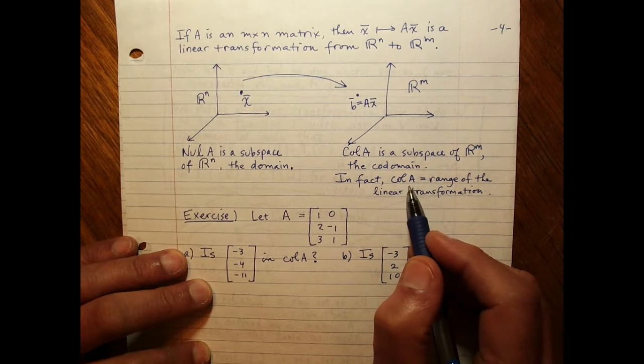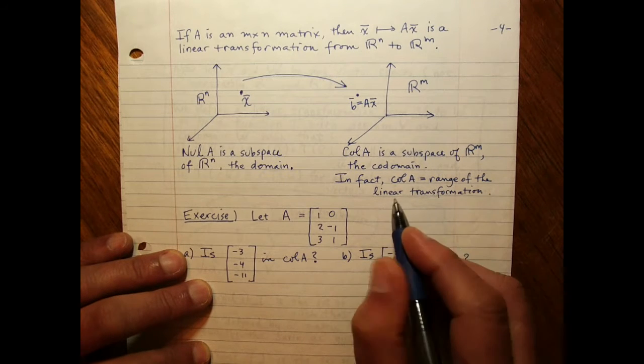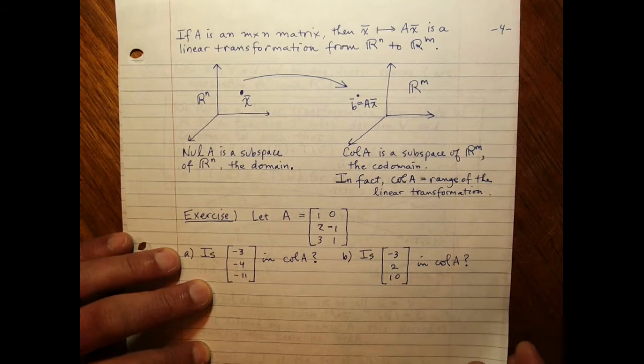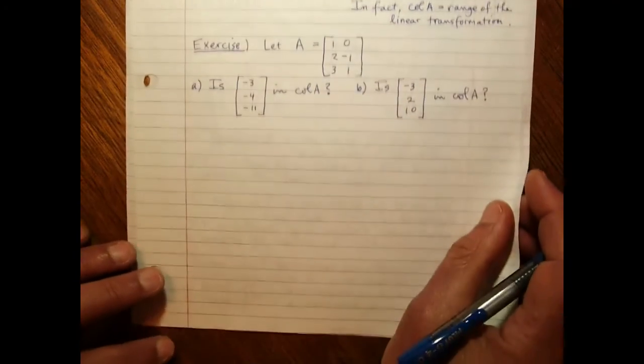And in fact, column space of A is really just another way to say the range of the linear transformation. It's the set of all images of vectors under that transformation.